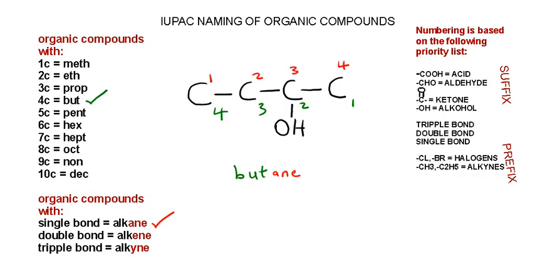Then let's go ahead and check for the functional group. We have a functional group belonging to alcohol attached to carbon number 2 and also carbon number 3. Carbon number 2 in backward direction and carbon number 2 in forward direction. So we take the lowest number, which is carbon number 2. So we are now going to replace E with OL because this is alcohol functional group.